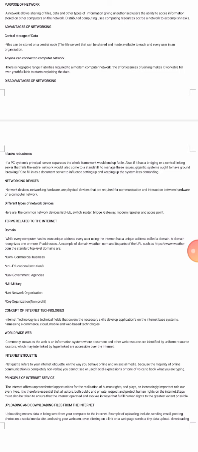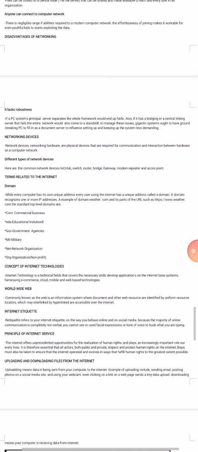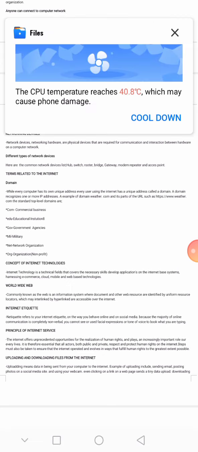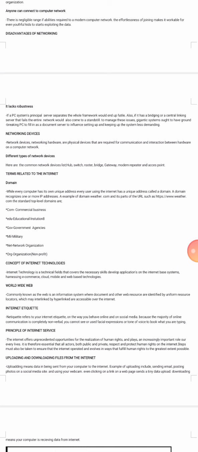Terms related to the Internet. Domain. While every computer has its own unique address, every user using the Internet has a unique address called a domain. A domain recognizes one or more IP addresses.